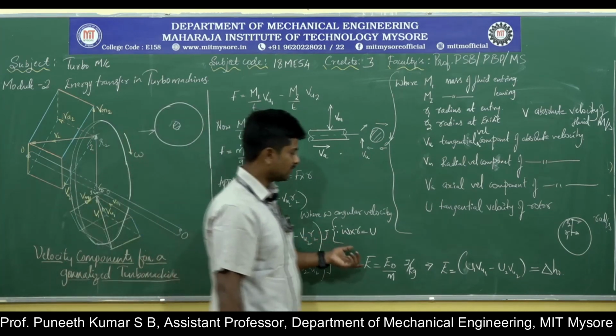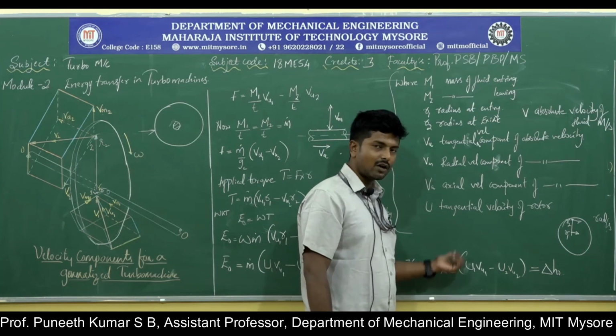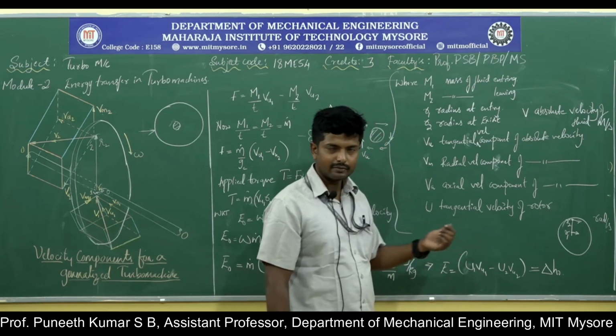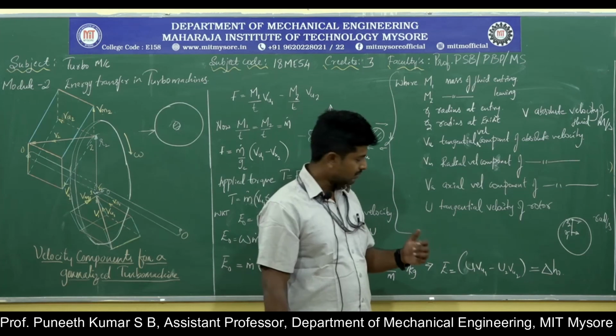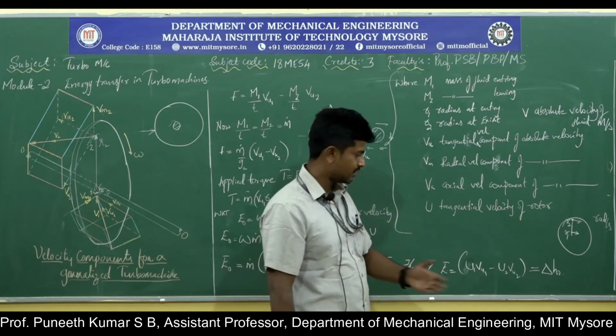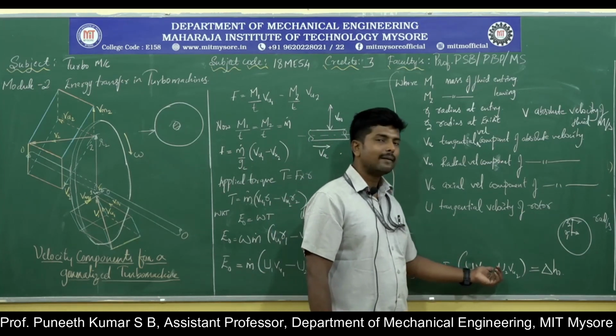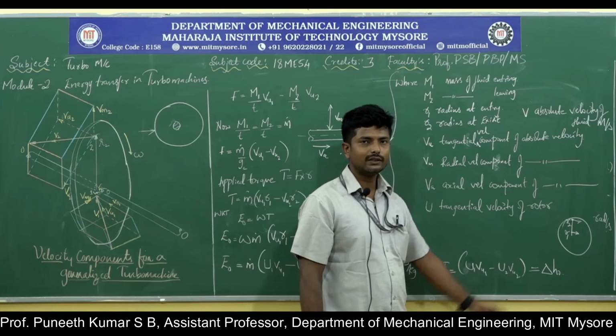So by this we have arrived at the final equation. The specific energy, the energy transfer per unit mass which has taken place in the turbo machine, is U1 VU1 minus U2 VU2.